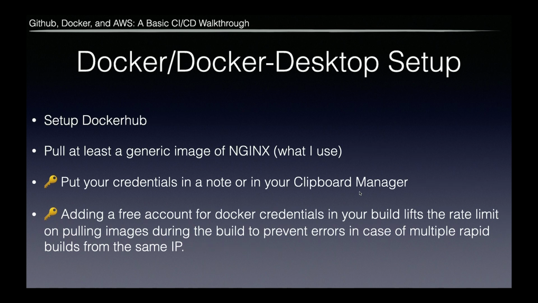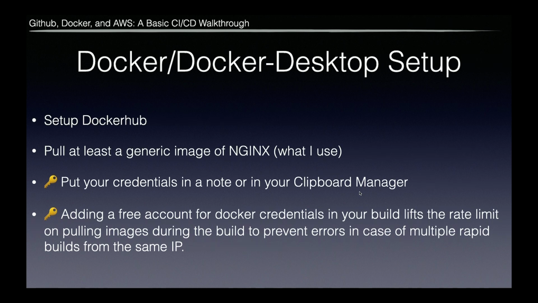The key point here is the reason for the Docker Hub is that when you're pulling images, when you're layering your application together in a Docker image, you're pulling 15, 20, 100, 150 different Docker Hub resources that you're going to need. And you're pulling it all from the same IP.